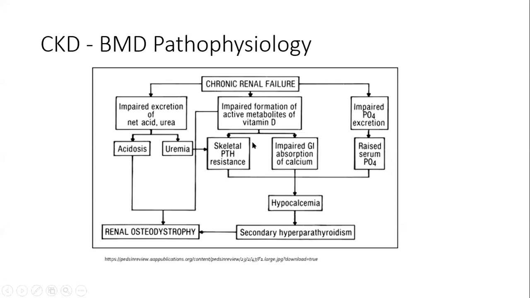At the same time, when you have raised phosphate, you are not absorbing the calcium in the gut. When you are not absorbing the calcium in the gut, you have bone resorption, where you try to compensate for the calcium in the extravascular compartment.